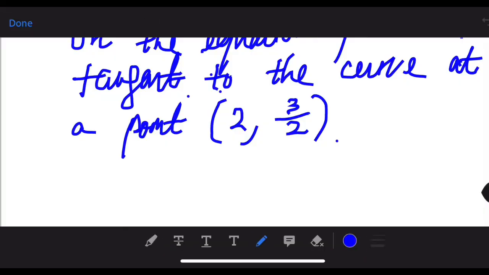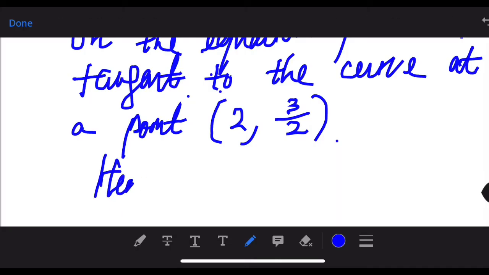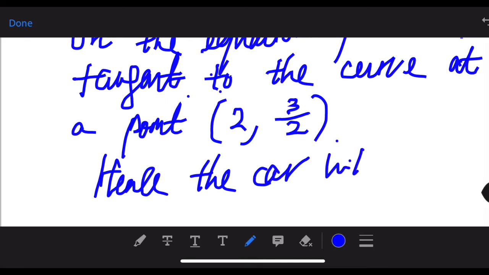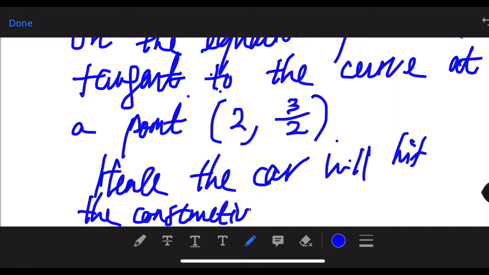Hence the car will hit the construction cone. Okay, that's how you answer.